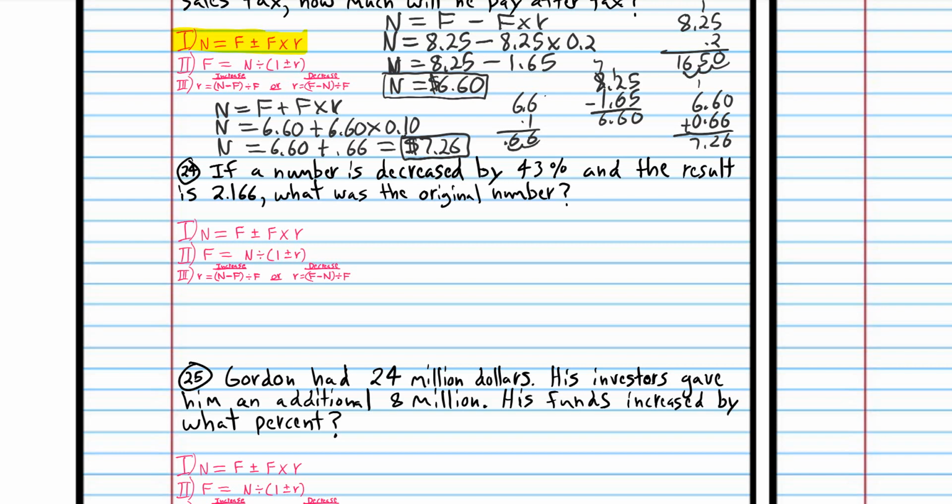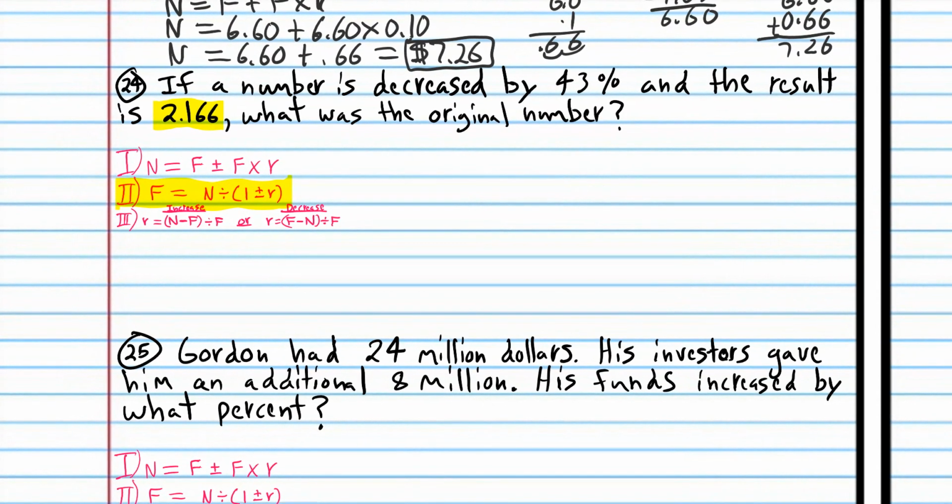So you can tell this is different. So for this problem, we're going to use the second formula. It's asking for the first number, and they give us the new number is 2.166. And they're asking for the original number. What number was it that was decreased by 43% to get 2.166?